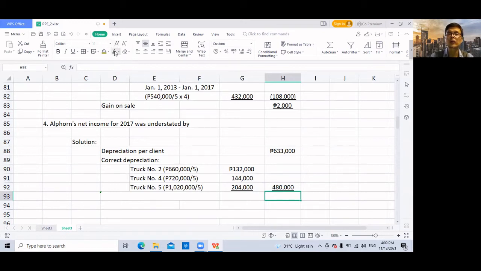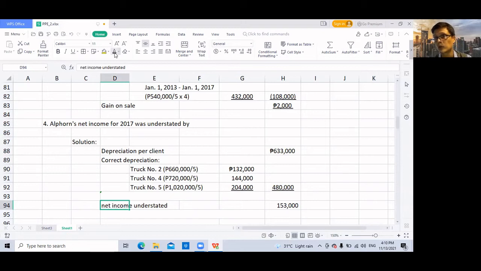Now, of course, we deduct it from the per record. So this is the correct depreciation versus the per record. There is a net income understatement because what was recorded is higher than the correct amount. As you know, depreciation has the effect of decreasing your net income, because it is an expense. So that is the net understatement.